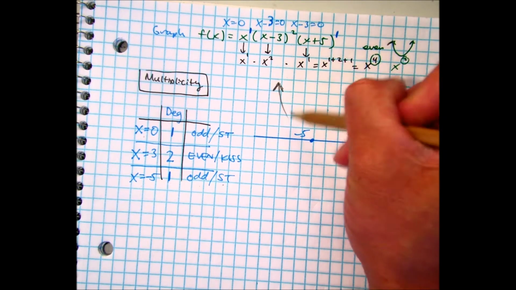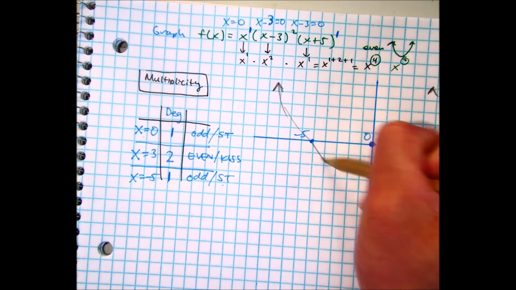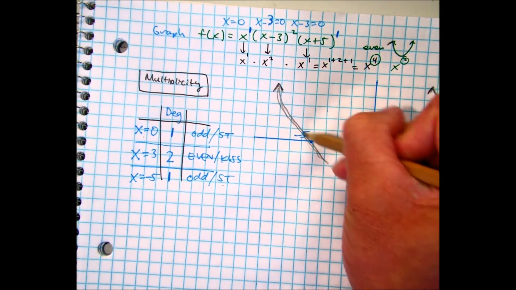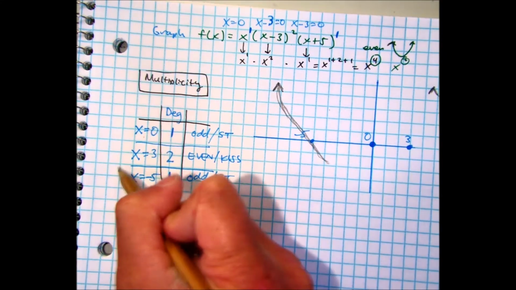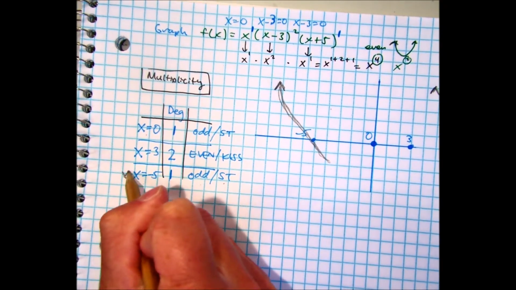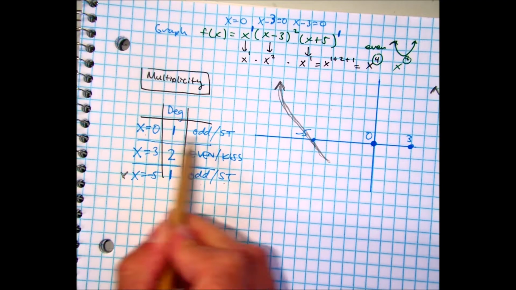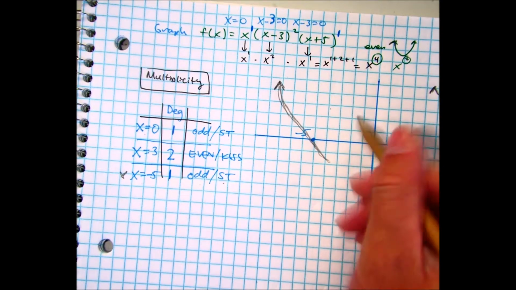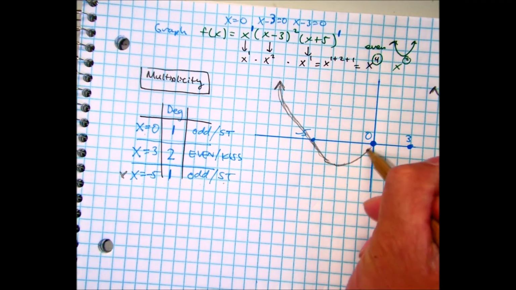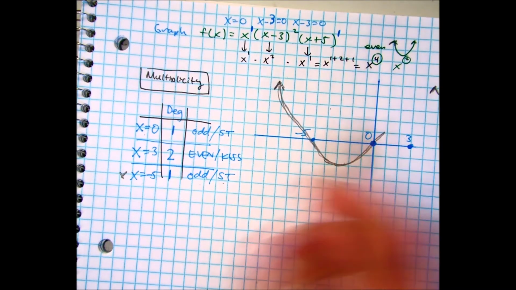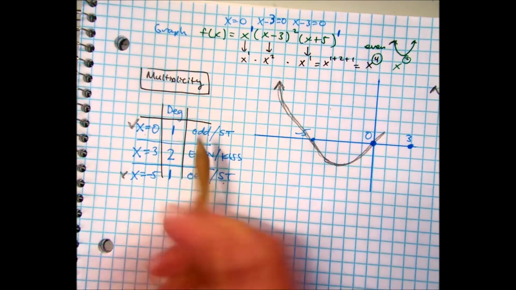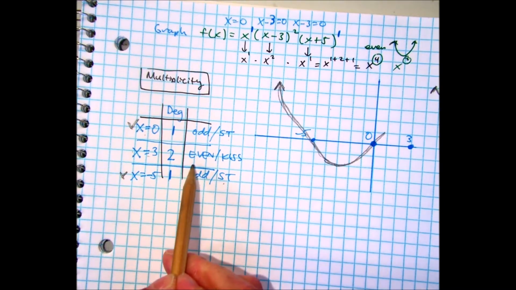So you can notice I'm kind of going through. Put a check mark. And I'm approaching 0. So at 0 I'm going to have to shoot through it. And then when I approach 3 though, I need to do a kiss.